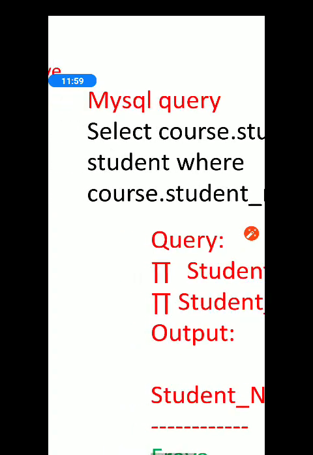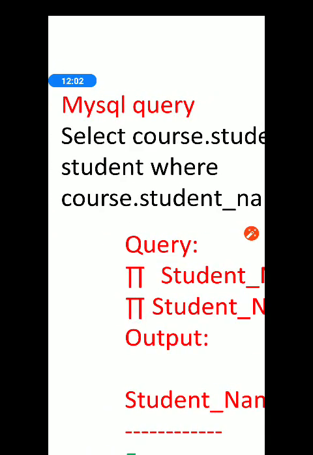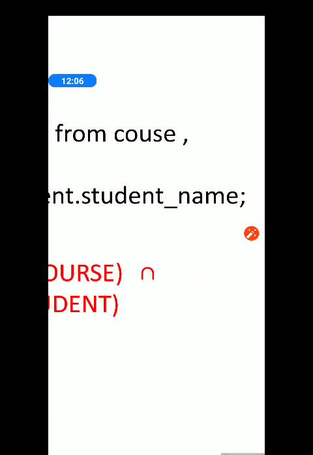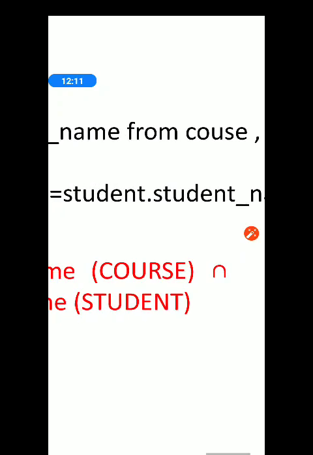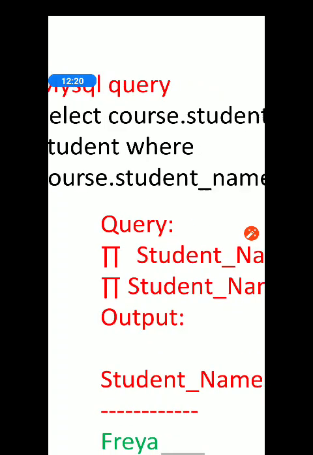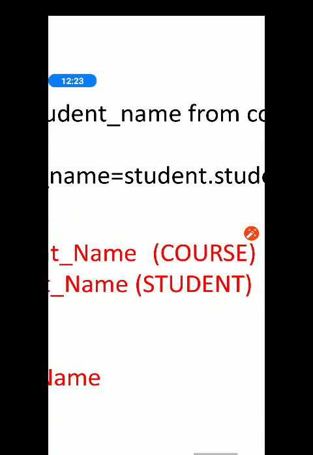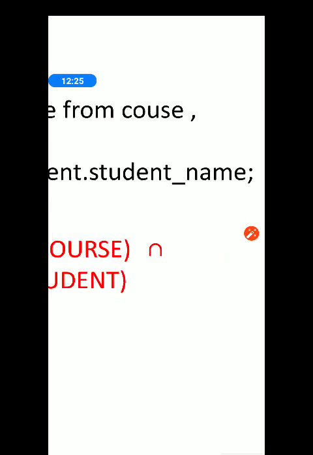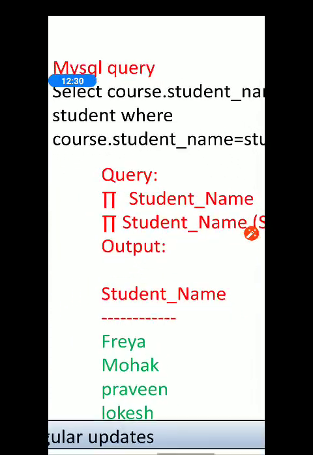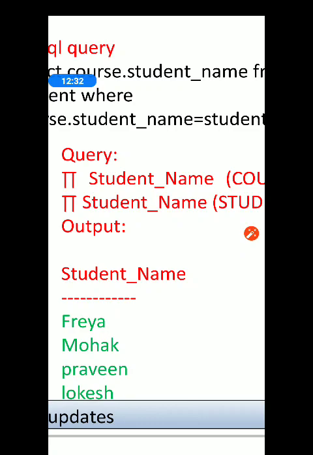Here you need to change the line. Select course.student name, then from on the next line, from course, comma student. Change the line again, and after that write where, where course.student name equals to student.student name. Okay, this is the sample query for intersection. No need to write the symbolic representation.